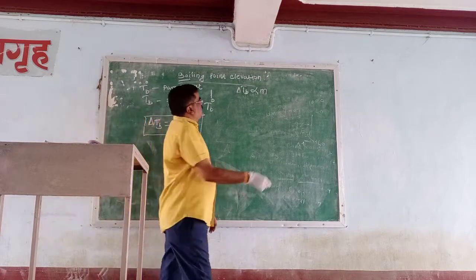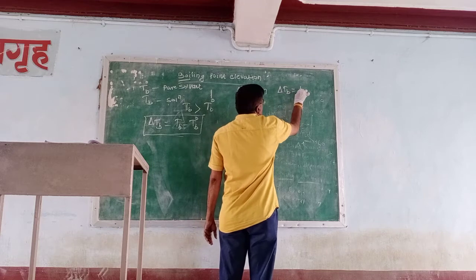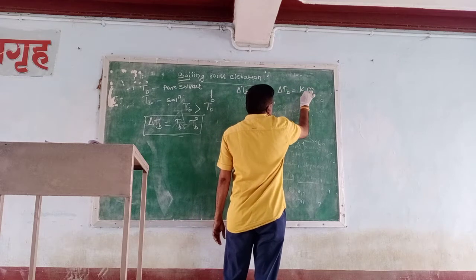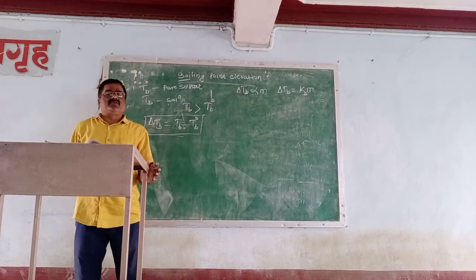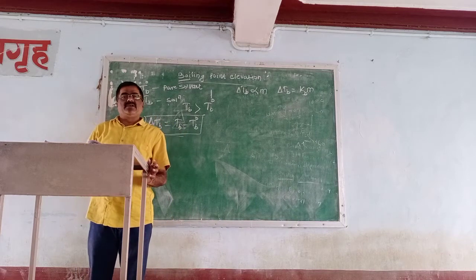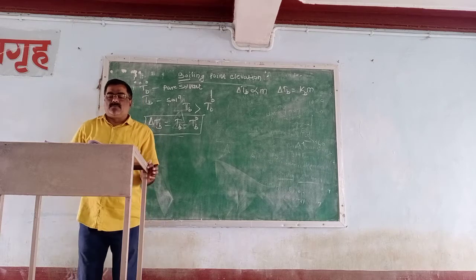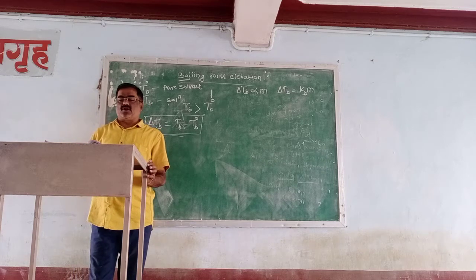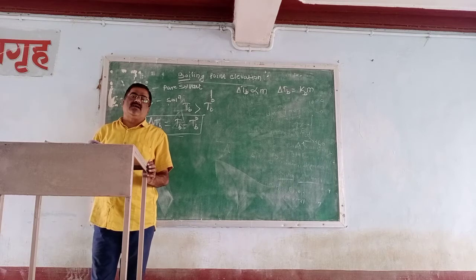Delta TB is equal to Kb m, where Kb is the proportionality constant and m is the molality of the solution. The proportionality constant Kb is called the boiling point elevation constant or the molal elevation constant.